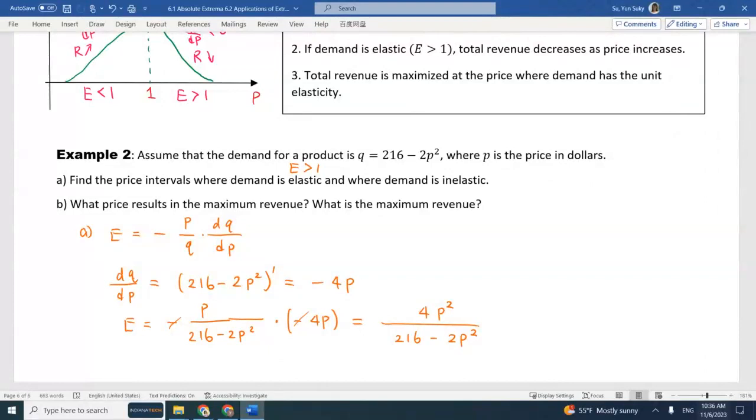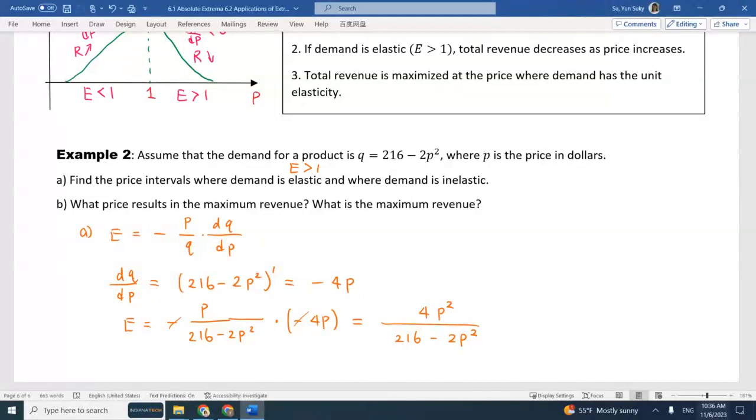If your elasticity is less than 1, it means the price increased 10%, the demand will decrease less than 10%. Right, everybody? So that's why your demand is not so sensitive to the price increase, right? But if your elasticity is greater than 1, so if your price increases 10%, your demand will decrease more than 10%.